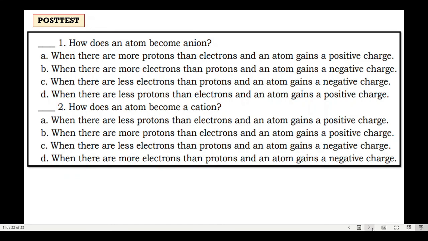Number 2. How does an atom become a cation? A. When there are less protons than electrons and an atom gains a positive charge. B. When there are more protons than electrons and an atom gains a positive charge. C. When there are less electrons than protons and an atom gains a negative charge. D. When there are more electrons than protons and an atom gains a negative charge.